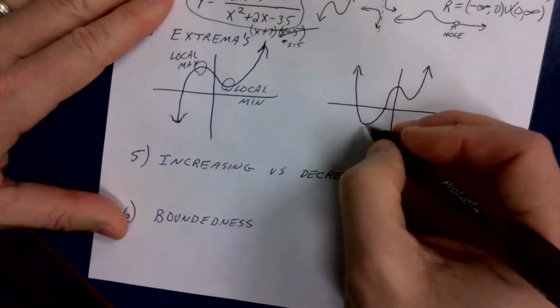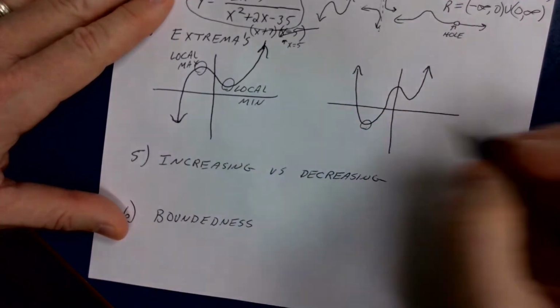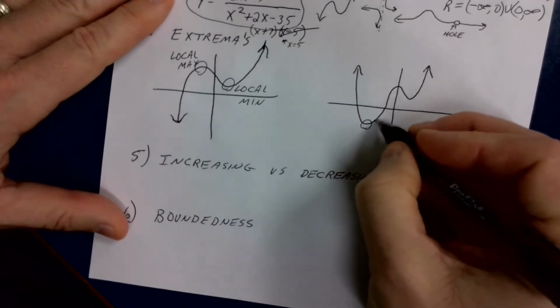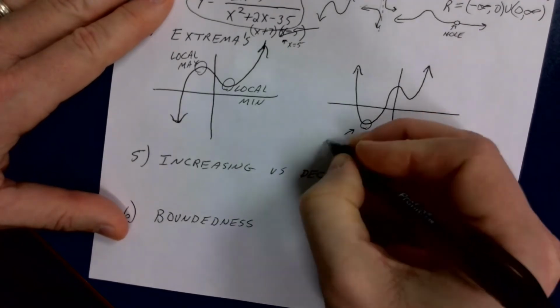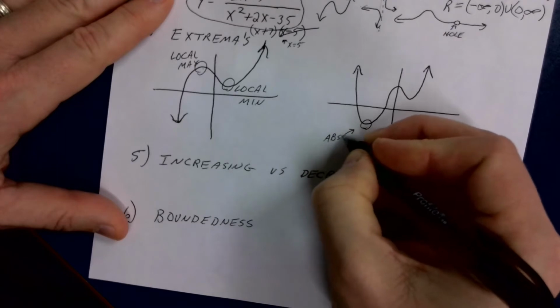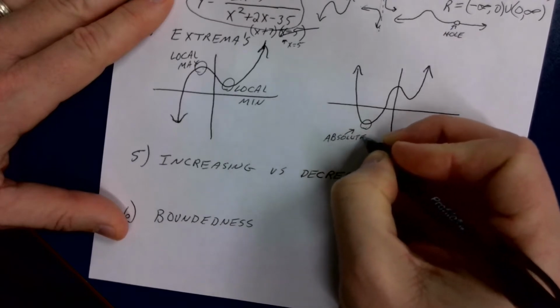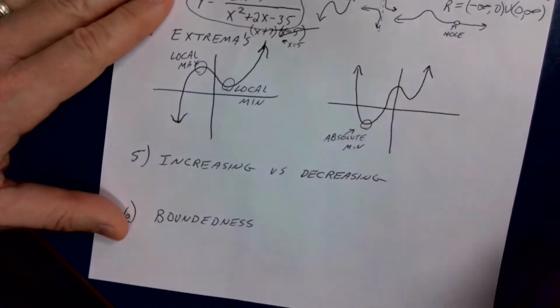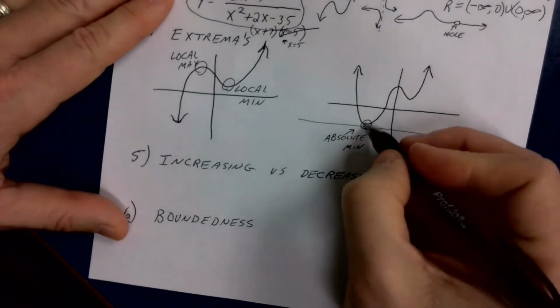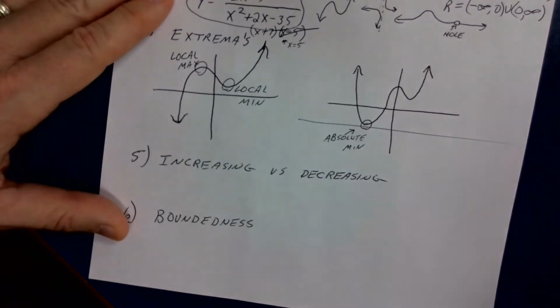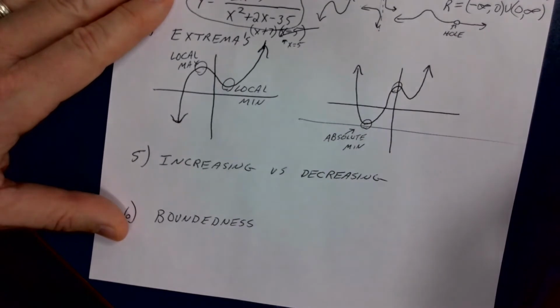Okay, where this function over here has extrema, you can see that this one right here, not only is it local because it changes over a small value, but this one's also an absolute minimum, which means the function will never get lower than that point right there. This would be a local max, this would be a local min. This one does not have an absolute maximum.